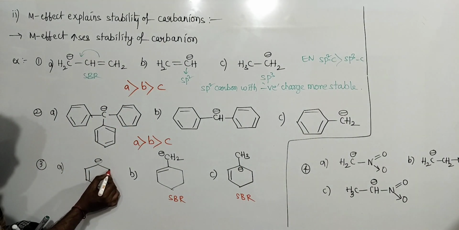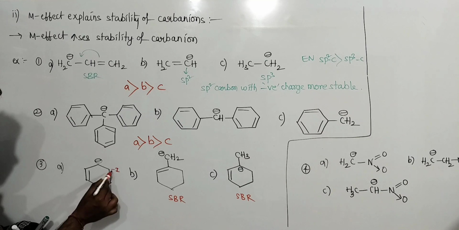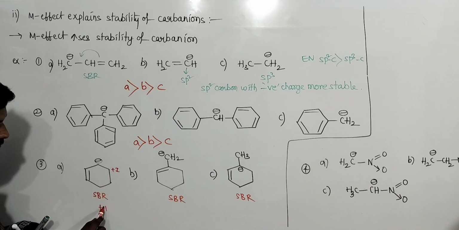Here this group, CH2 group, you know, is sp3 carbon. So CH3, alkyl groups are plus I groups, electron releasing groups.